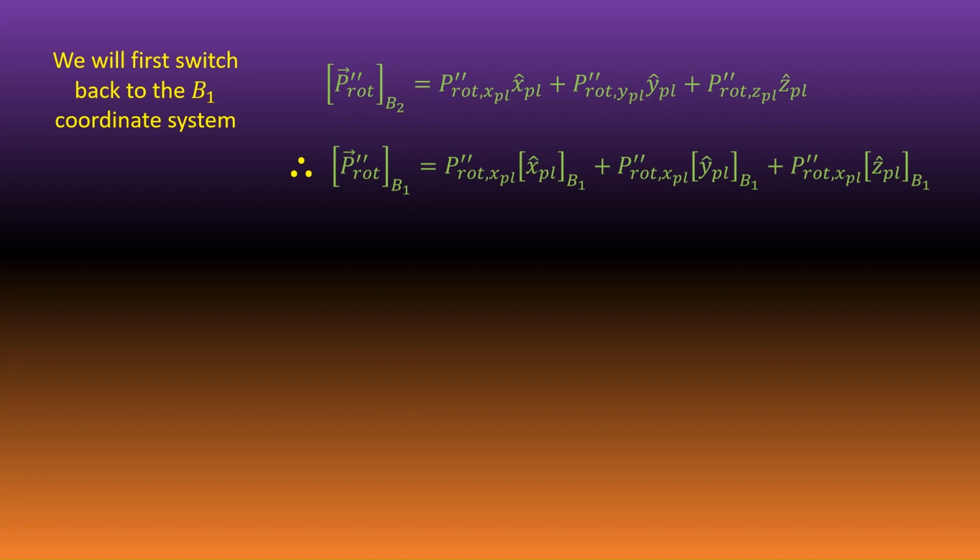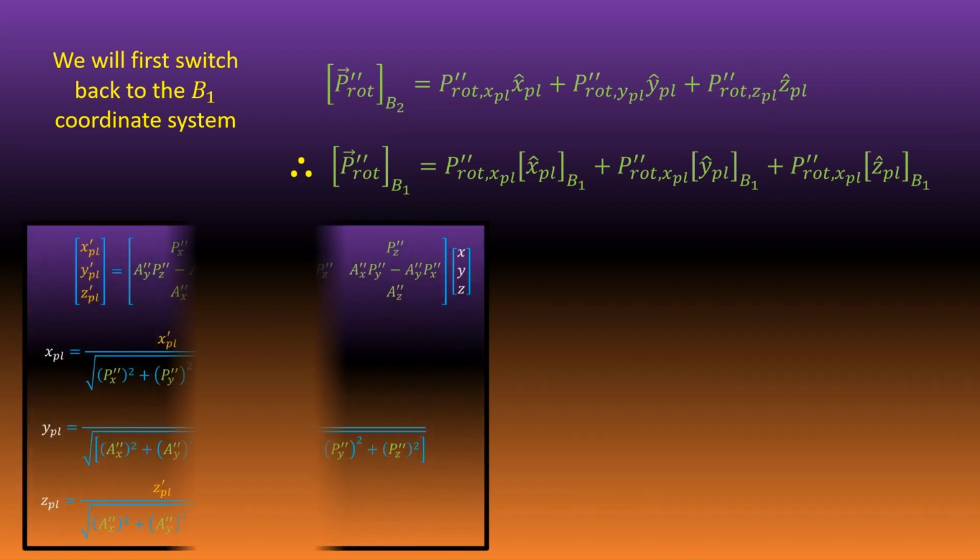So anyway, p double prime rot in terms of b1 is equal to each of those 3 factors multiplied by each of the unit vectors in the b2 coordinate system in terms of the b1 coordinate system, that is, in terms of a linear combination of x hat, y hat, and z hat.